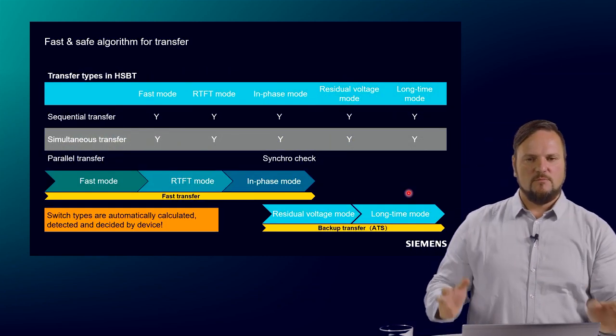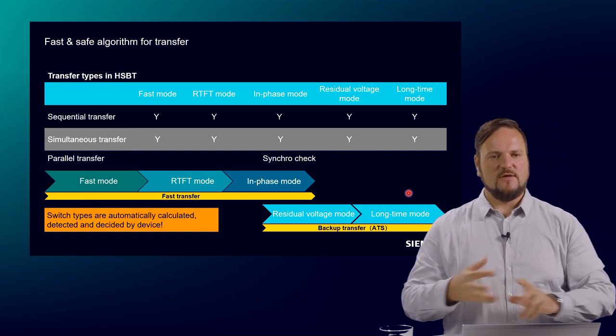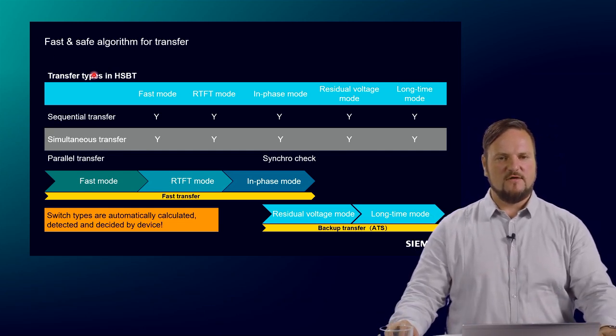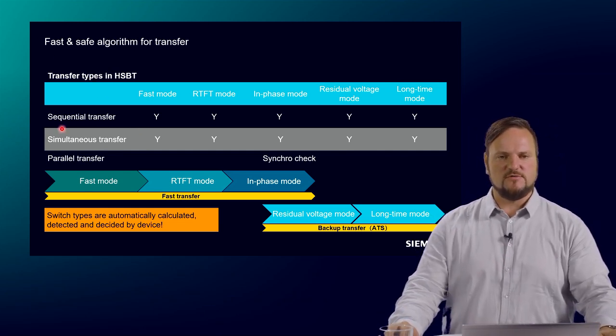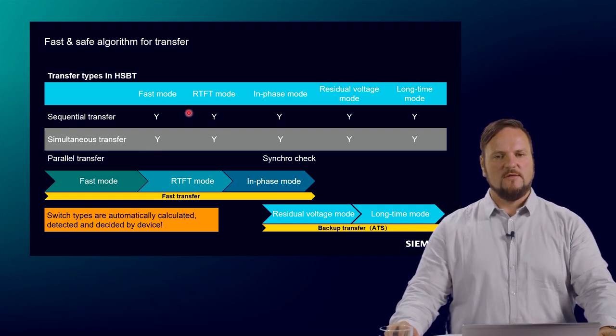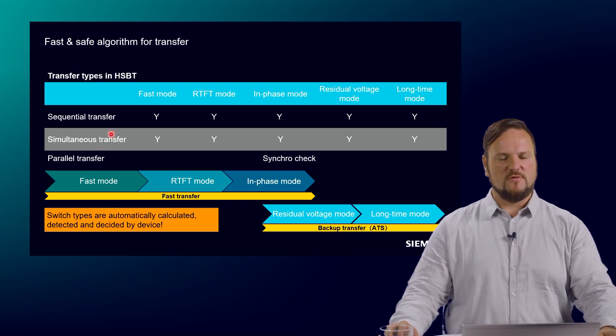Then we have another view here on the transfer system, on the phase and sieve algorithm. You see the sequential transfer and the simultaneous transfer. That means all the modes are available for both, sequential and simultaneous. For the paralleling transfer, we use the synchro check. When we talk about fast, we talk about fast mode, real-time fast mode, and in-phase mode.